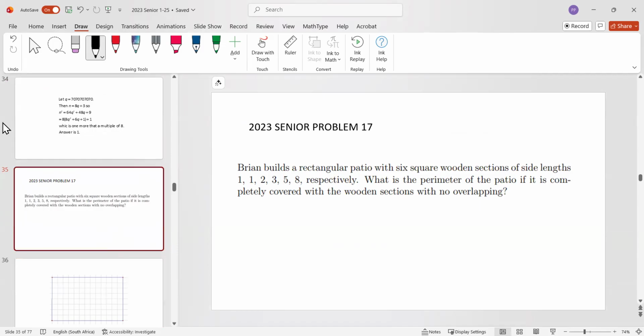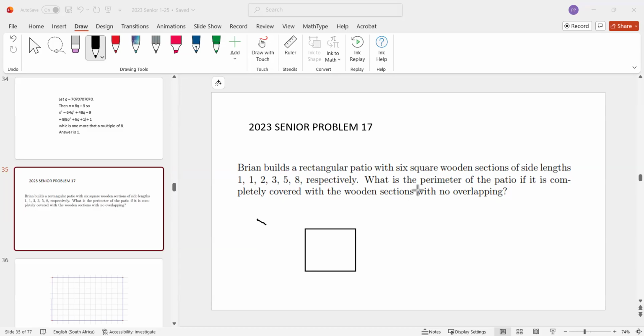Problem 17 says the following. Brian builds a rectangular patio with 6 square wooden sections of side lengths 1, 1, 2. So you are creating a patio, and you take these 6 square sections, which have got different sizes, 2 by 2, 1 by 1, 3 by 3, and so on.